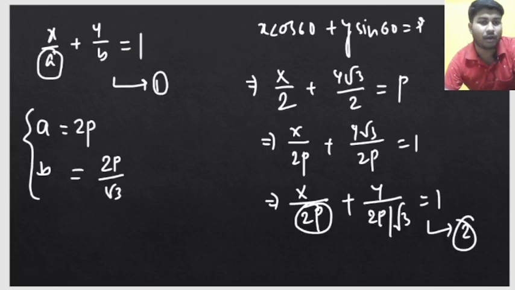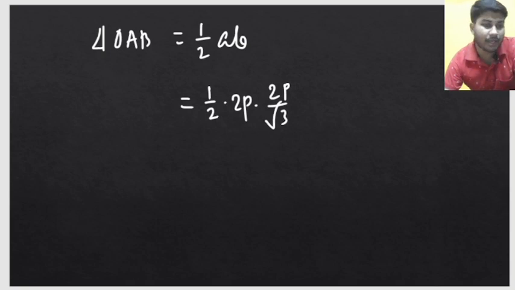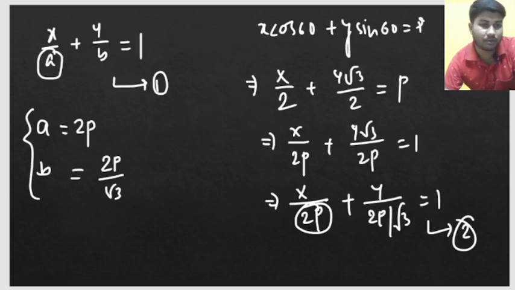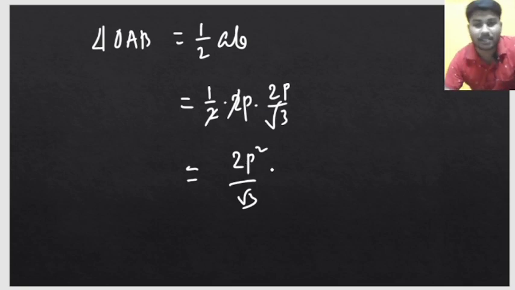Now we know the values of a and b, that is 2p and 2p by root 3. So if you put them in, that will be half into 2p into 2p by root 3. The actual value can be 2p square by root 3. According to the question, this area is given as 98 root 3 divided by 3.